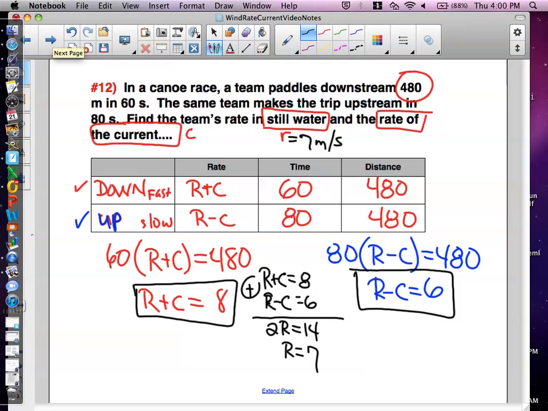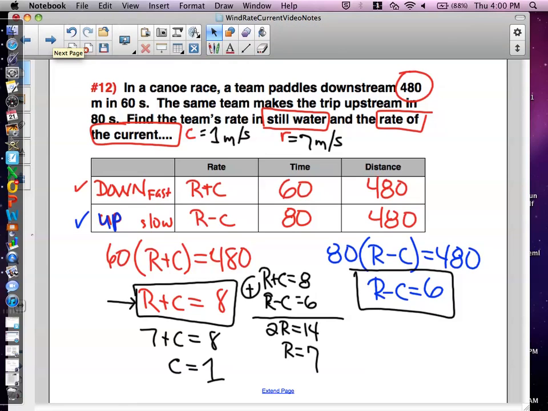But to figure it out, I could just go back to the rate equation right here, letting R become the number 7, and then it's easy to see that the rate of the current is 1. So I'm going to stop this video here and do the other even problems on a second video.